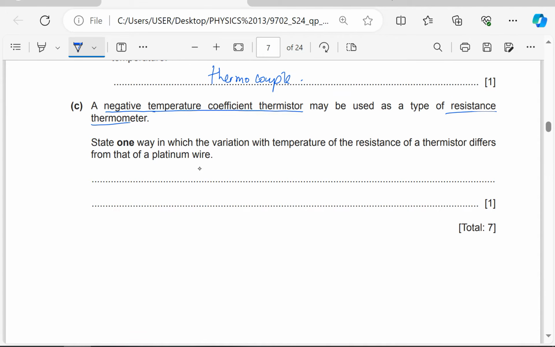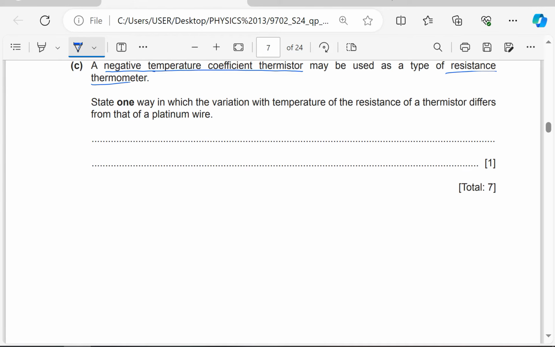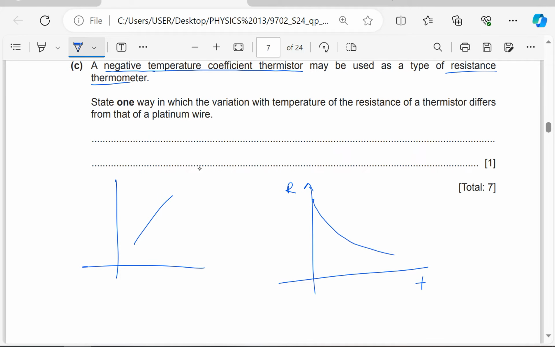State one way in which the variation with the temperature of the resistance of a thermistor differs from that of platinum. We have seen for platinum, it is most likely going to be a straight line, but for a thermistor, we know that resistance against temperature is not going to be a straight line. So for a thermistor, it is nonlinear.